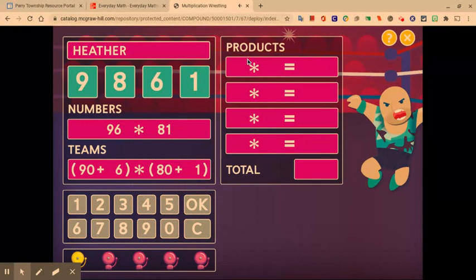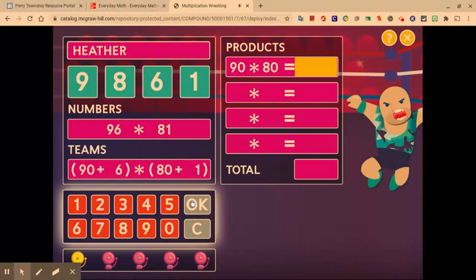Now I'm going to come up here. Complete a multiplication sentence for each of the 4 products. So remember, it's first value by first value. So it'd be 90. Click OK. Times 80, because I'm doing the 90 times the 80. Click OK. And then to answer that, I'm going to do my basic math facts. 9 times 8 is 72.